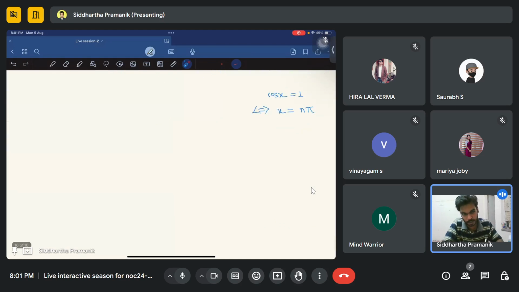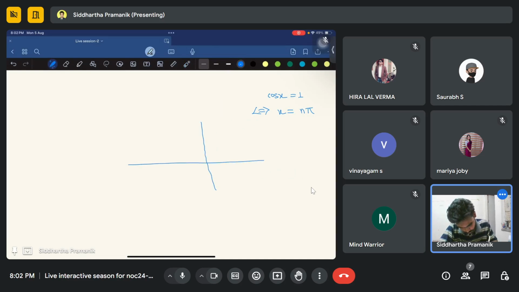So let's draw the graph of cos x and try to find the solutions. Your cos x looks something like this.